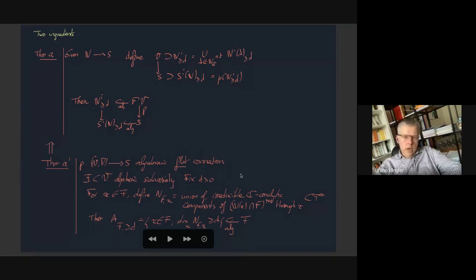Then if you look at fixing a point in this F and looking at the set of points X such that the intersection of the flat leaf through X with F has at least dimension d, and taking the union of all such X, then this is algebraic inside F. And the proof is basically differential geometry. I'm really using here the flatness of the connection and parallel transport to prove this.